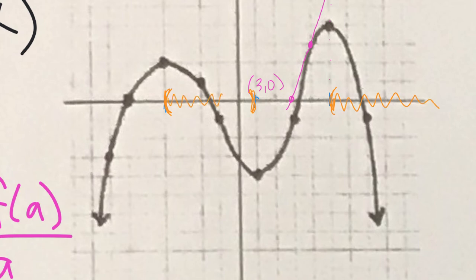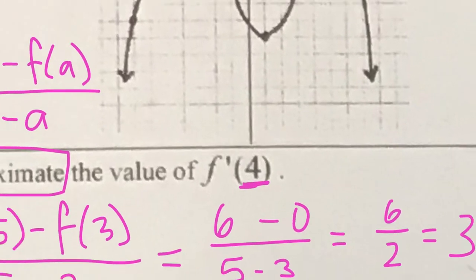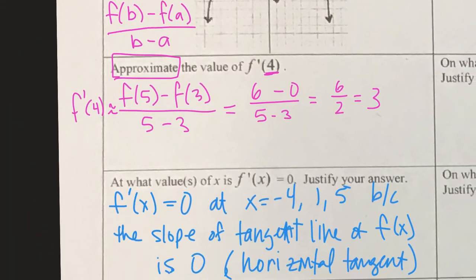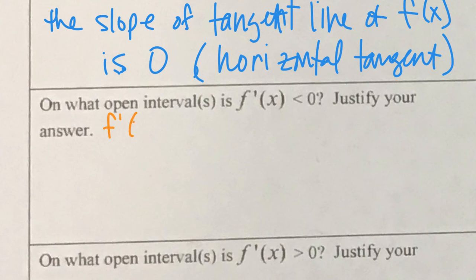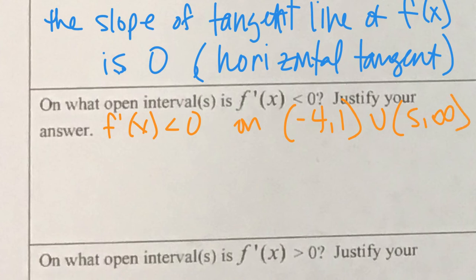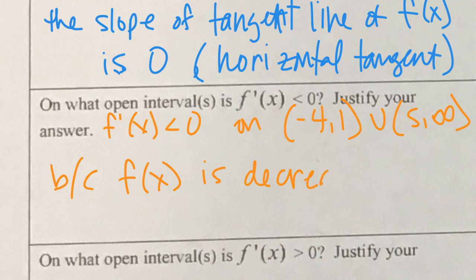Remember, they're open intervals, so we're always going to use parentheses. So we write f prime of x is less than 0 on negative 4 to 1 and 5 to infinity, because f of x is decreasing. Okay, and that's all we have to write.